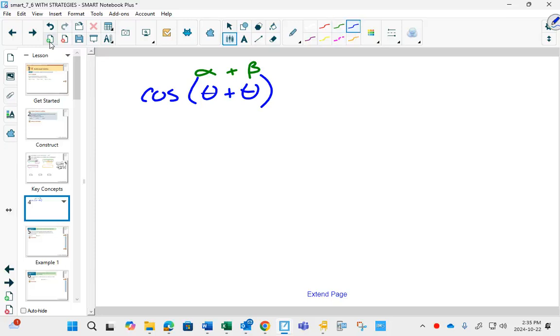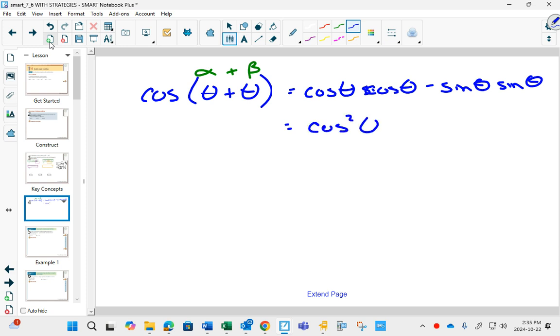And the formula for this is cos alpha cos beta minus sine alpha sine beta, and you get the double angle formula really quickly from the sum and difference formula. That's where it comes from. We never proved where the sum and difference formulas came from in class. But the double angle ones are just special cases of sum and difference, where you add theta plus theta to get 2 theta.